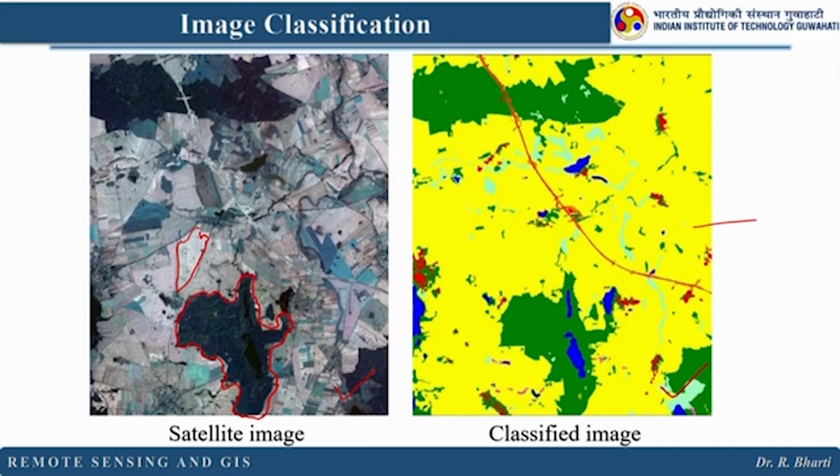Now here you can see there are some variations from here to here, but here you see there is only one color assigned to all the pixels, right. So what is happening here is we have resolved all the variation within the class and given the attribute of forest, right. So this is what we are doing here. After this classification, obviously you will have only a few colors which will represent different classes.